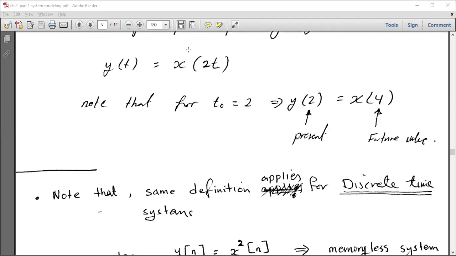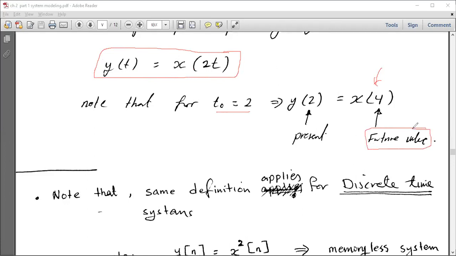Another example. What do you think of this example? y at t equals x of 2t. Is it memory or memoryless? Let's take any value. Take, let's say, t node equal 2. Then y at t node equals x at 4. So this is a future value.